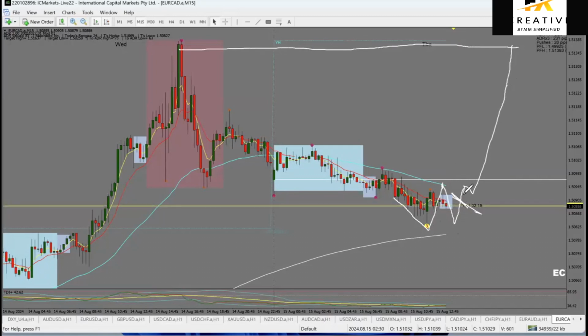All right. And with probably a small lot size, you can get very good earnings on this. If I'm expecting that the market will move from here, that is going to be 56 pips.